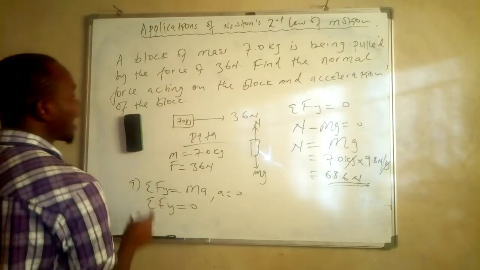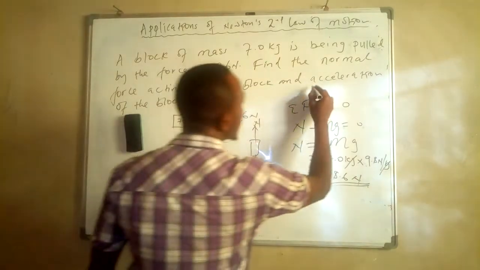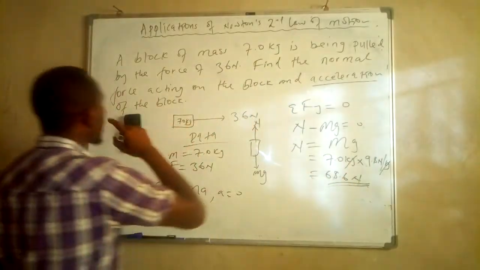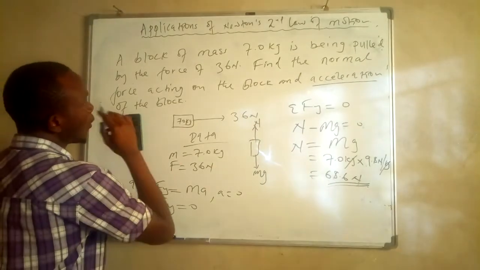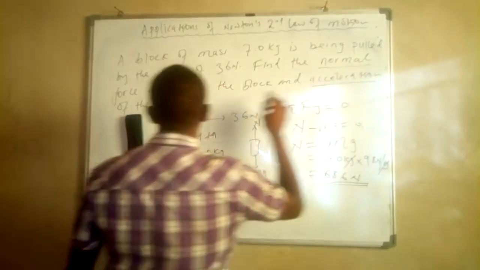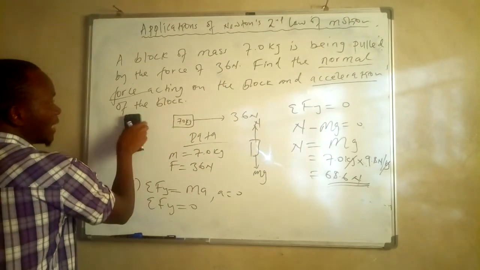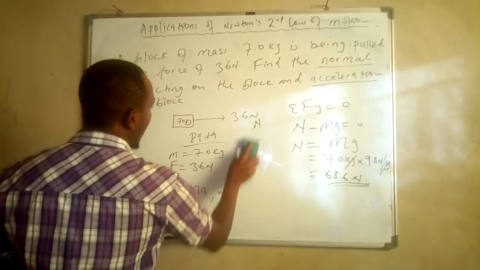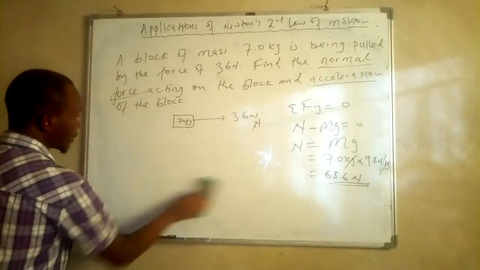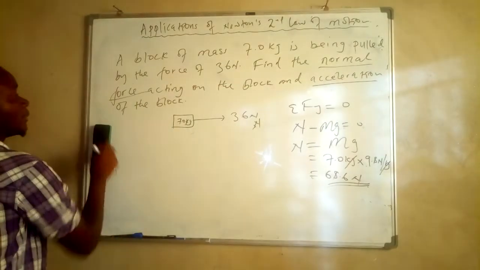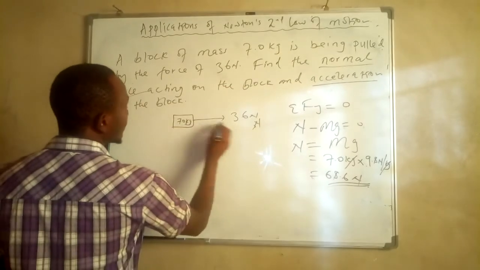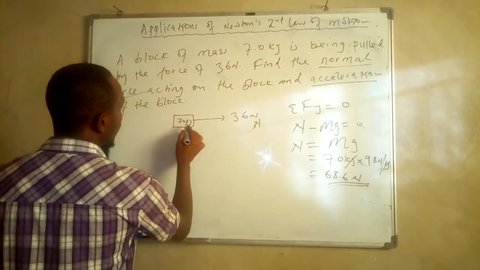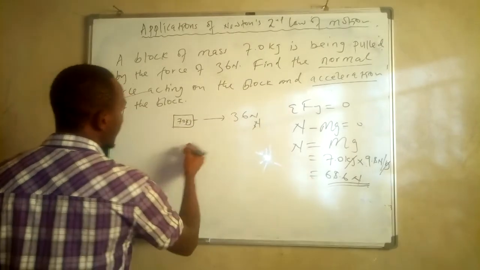And the second part says to find also the acceleration. We've just found the normal force, now let us also find the acceleration. So we have this going in this direction.